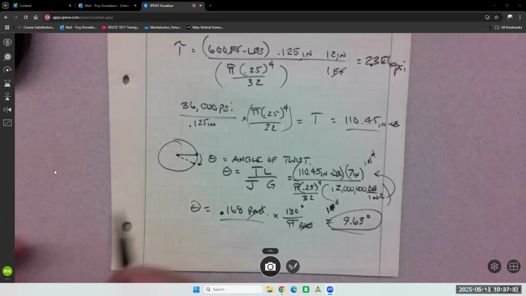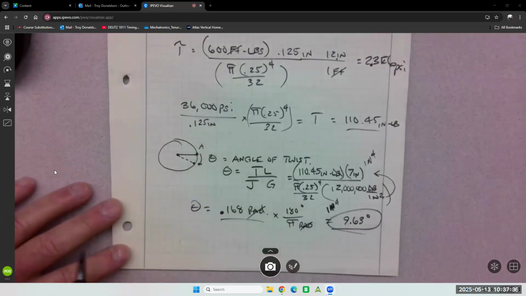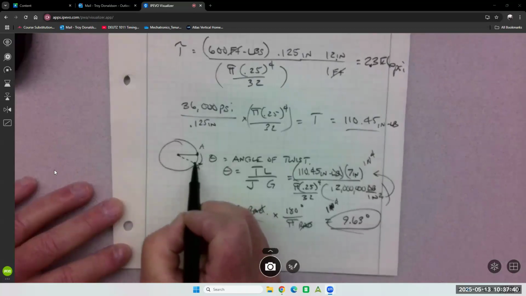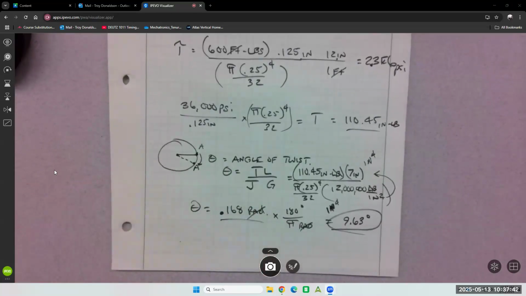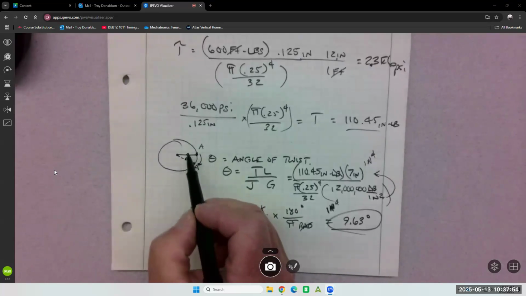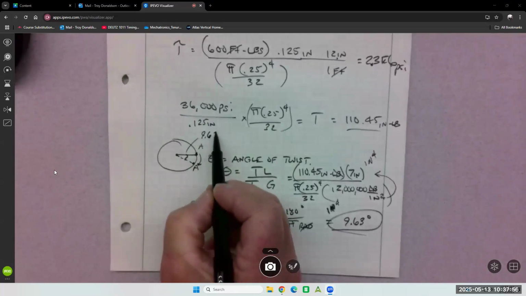Now, if you wanted to know where point A ends up, down here, because A goes to there, then you have to calculate a circular distance from your 9.63 degrees. So there's more to do if you actually want to know the displacement of A, because we just got the angle, 9.63 degrees.